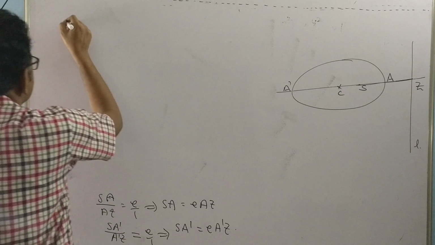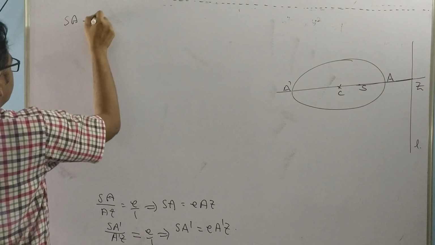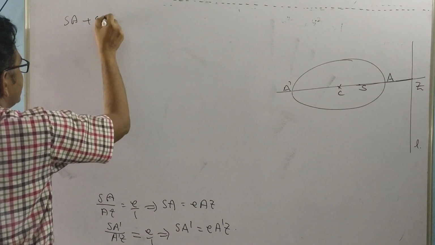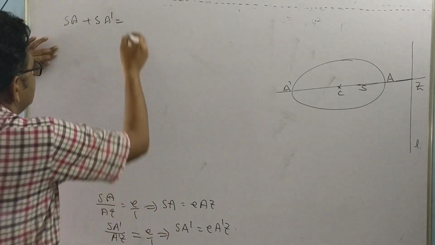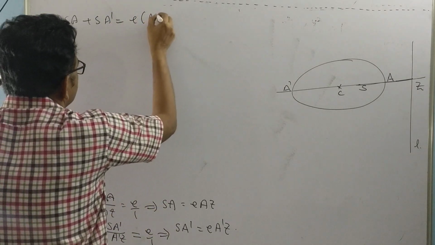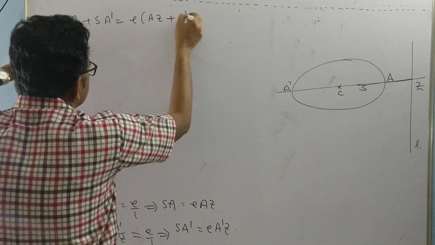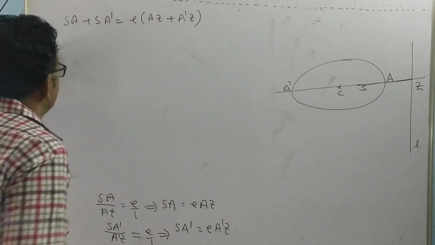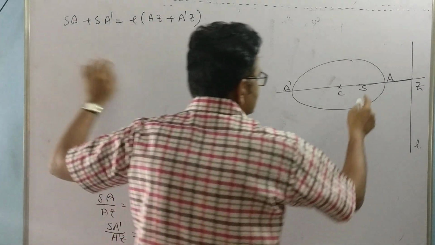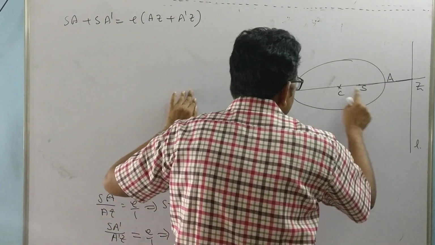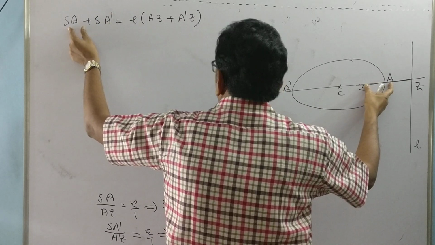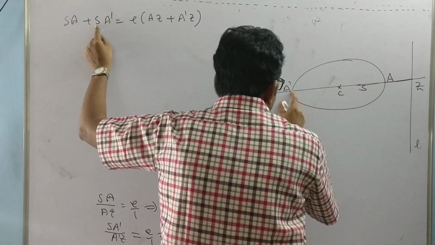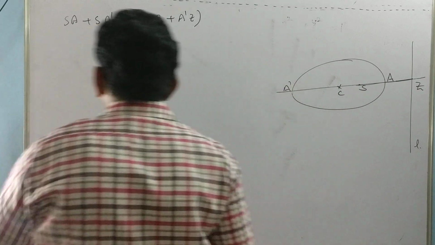Now you can take SA plus SA dash is equal to, adding these two, E is common, E into AZ plus A dash Z. Now SA plus SA dash is AA dash.